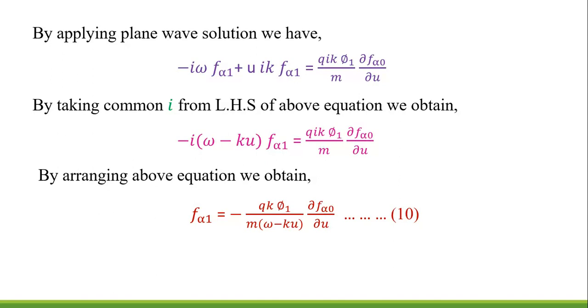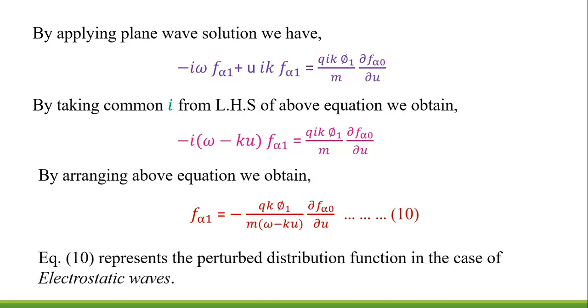Omega is the frequency, k is the wave vector, u is the velocity, and partial f alpha naught is the equilibrium distribution function, the variation of the equilibrium distribution function with respect to the velocity. Well, this is the definition of the perturbed distribution function in terms of the electrostatic potential. I have named it equation number 10. We will make use of this equation later.